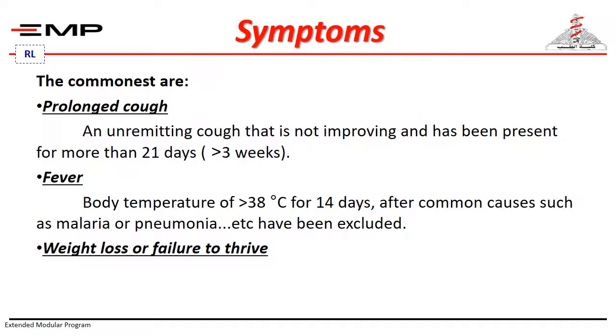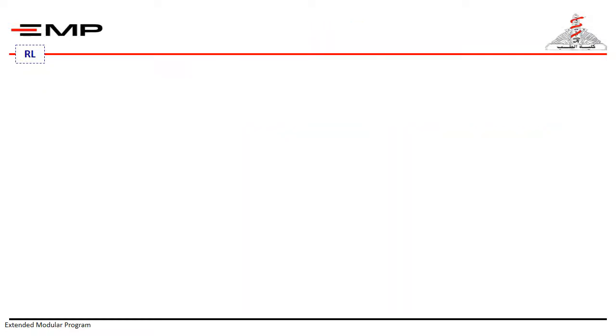The commonest are prolonged cough, an unremitting cough that is not improving and has been present for more than 21 days, more than 3 weeks, with fever reaching more than 38 for 14 days after common causes such as malaria, pneumonia, UTI, otitis media have been excluded. The child has weight loss and failure to thrive.